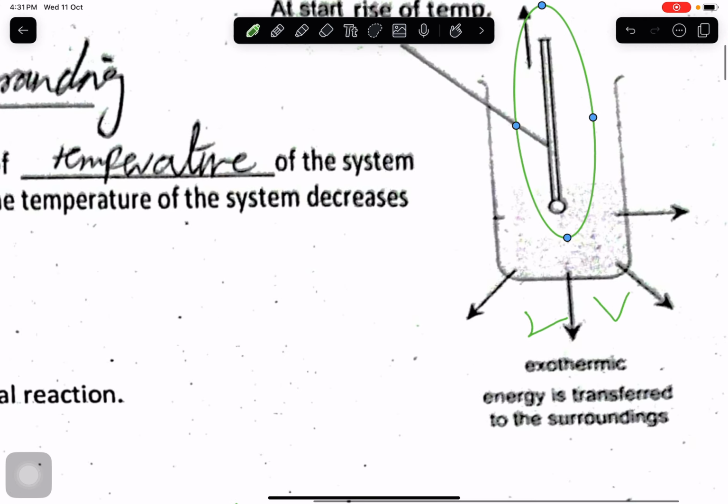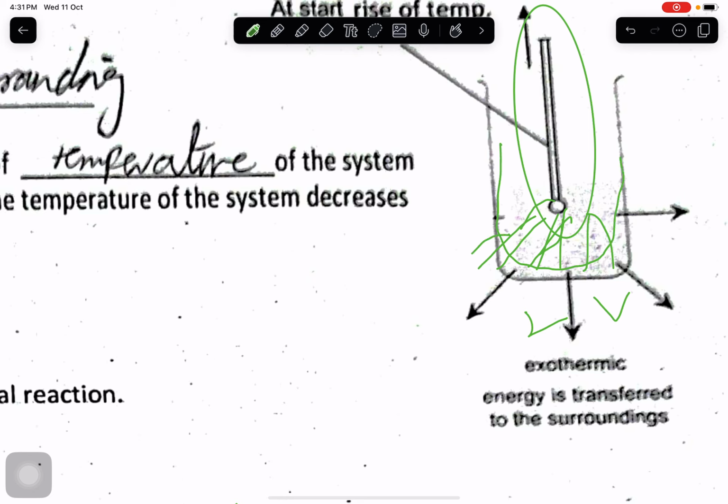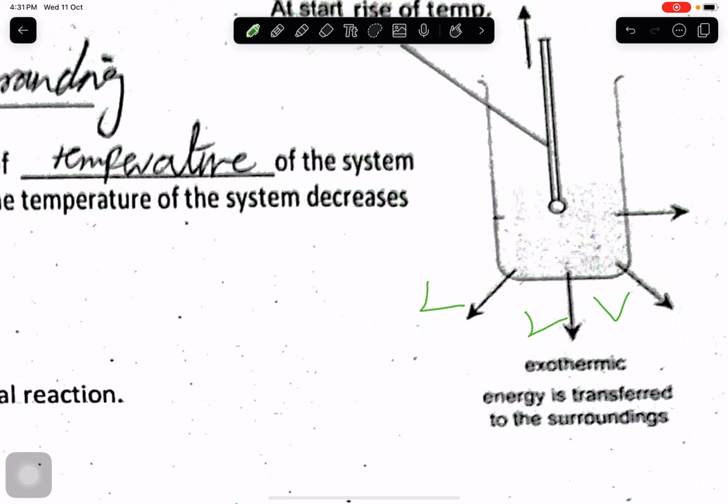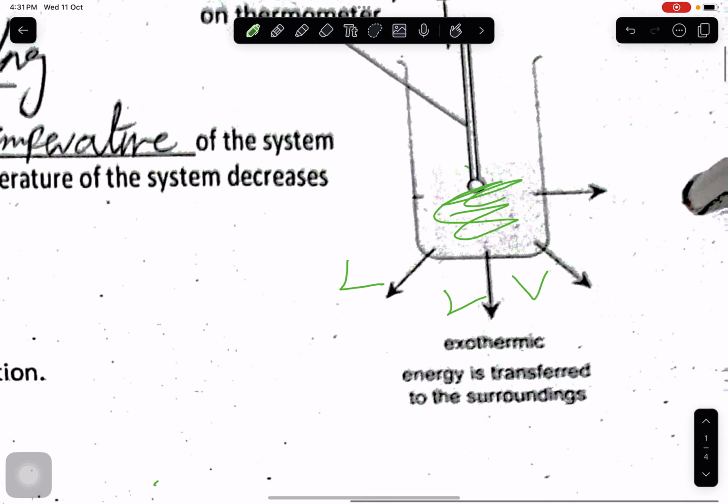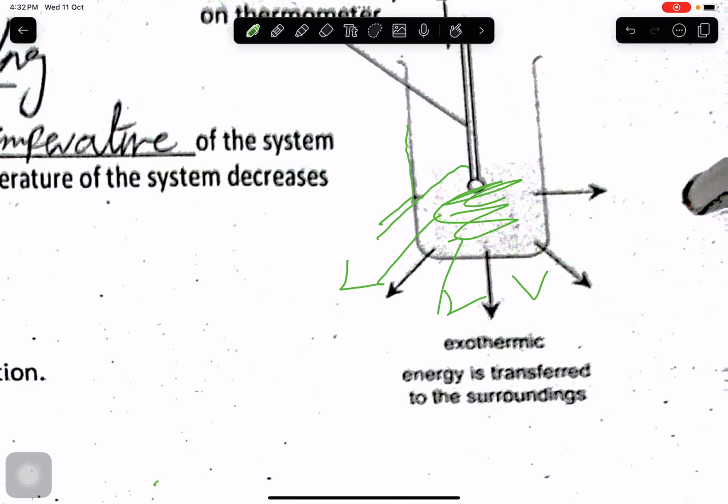Obviously, at the initial stage its temperature will increase, but after some time heat will come out, so the temperature of the surroundings will increase and the temperature of the system will decrease. As you know very well, when the heat comes out from here, these walls become hot.